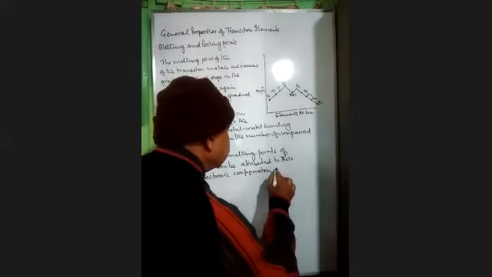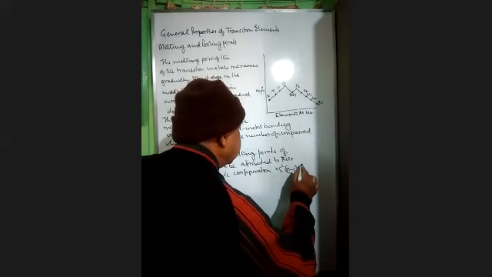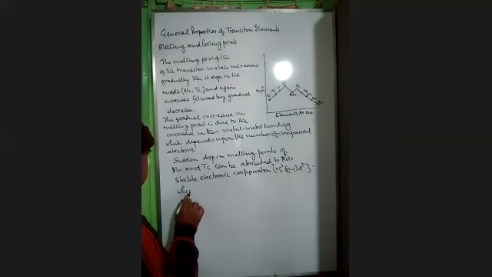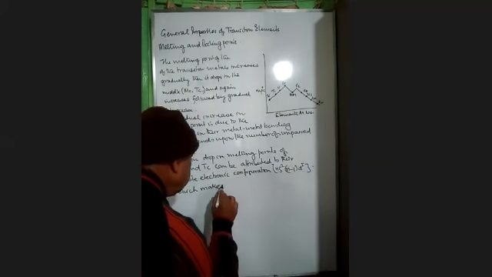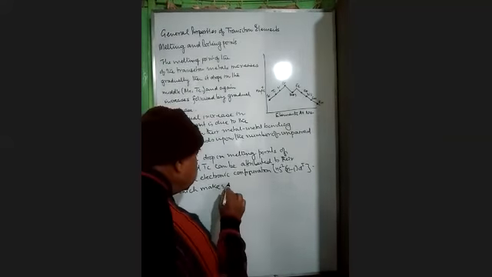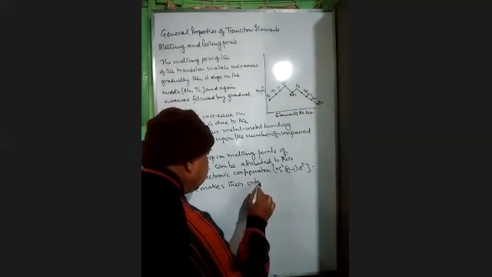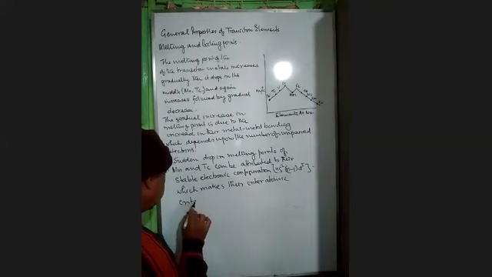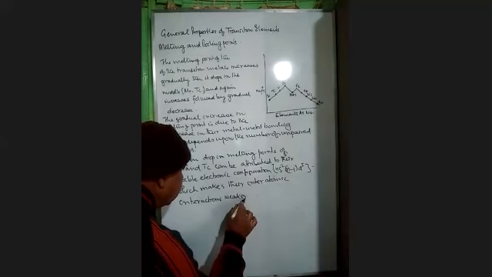So what should I write now here? ns2 (n-1)d5, which makes their inter-atomic interactions weaker. Okay.